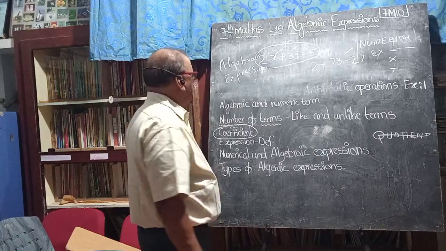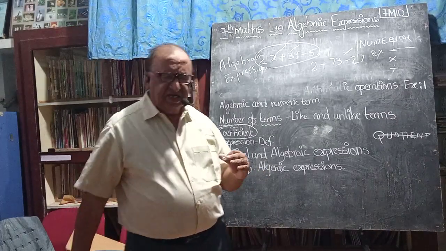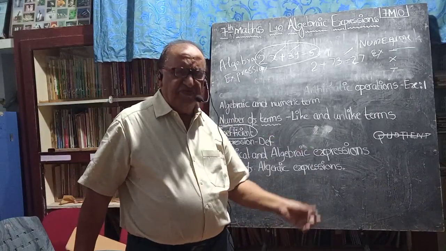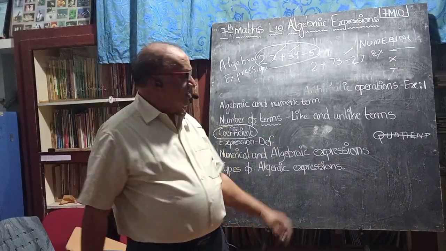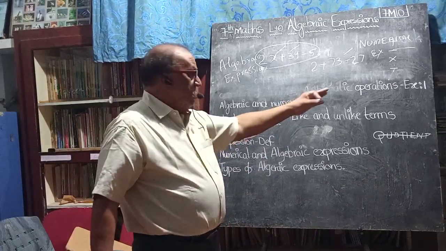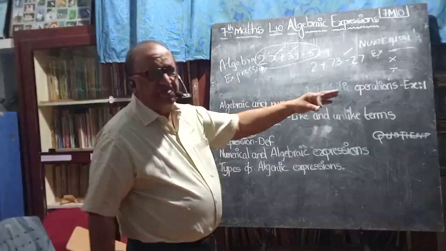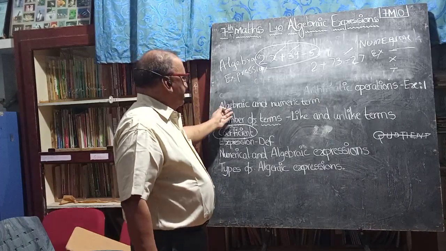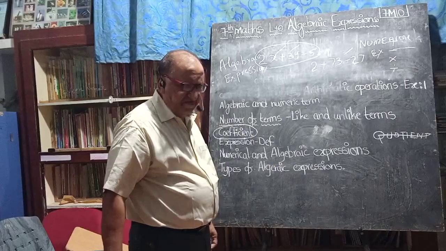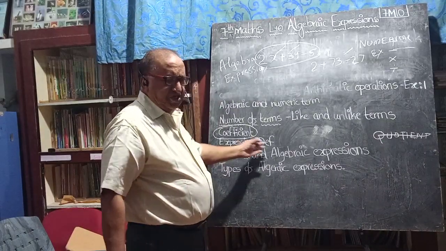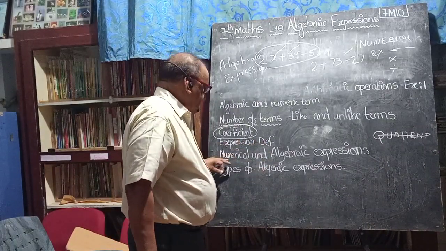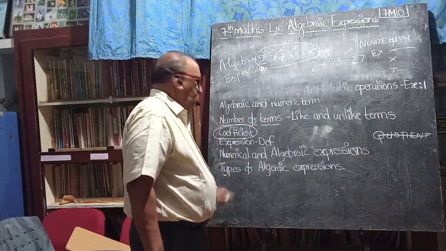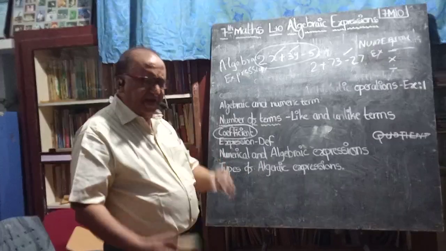So far you understood what a constant is, what a variable is, and what an expression is, and what the basic operations plus and minus are. I will show all of that when we do problems and you will understand. And then what an algebraic term and a numeric term are. There is a definition for an expression, and also numerical and algebraic expressions and how we operate them.